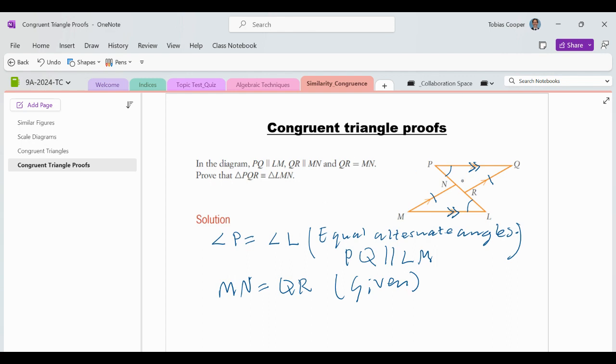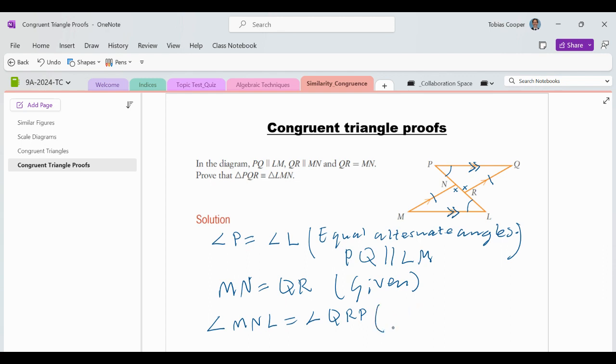Okay, now the other angle we might know is that this angle here is equal to this angle here. Let's write that down. Angle MNL is equal to angle QRP.